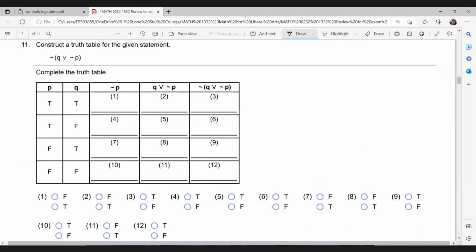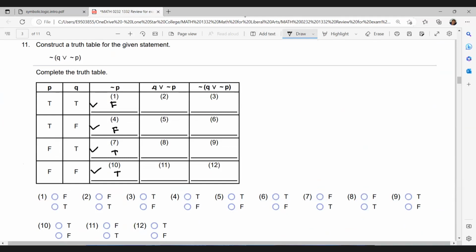So this true will become false, this false, and this false will turn into truths. Now it says to take Q and connect it. So take this column, connect it with this column using the connective OR.